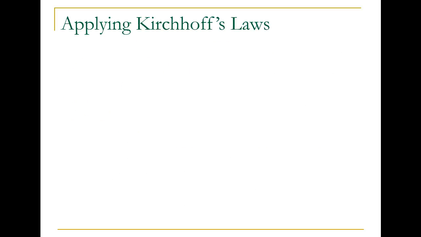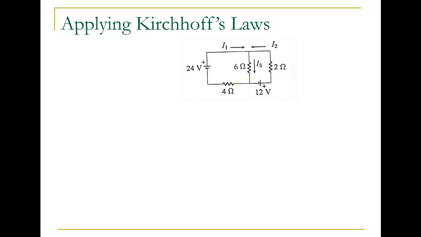So let's go ahead and solve that. Here's our diagram again, and our three base equations are 24 equals 6I3 plus 4I1. We also have 12 is equal to 2I2 plus 6I3. And then what I'm going to do is substitute for the fact that I3 is equal to I1 plus I2.